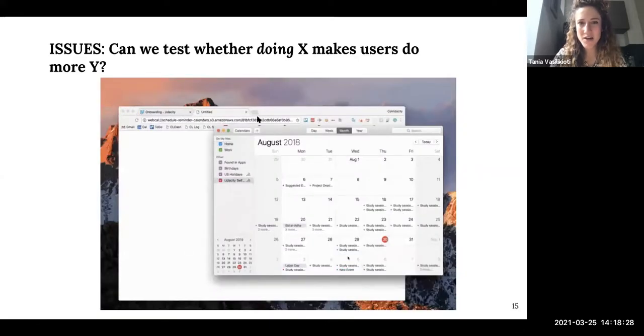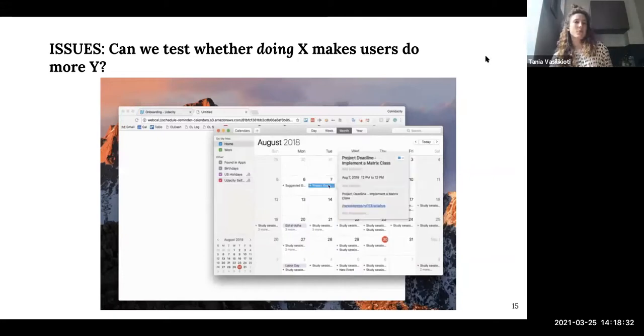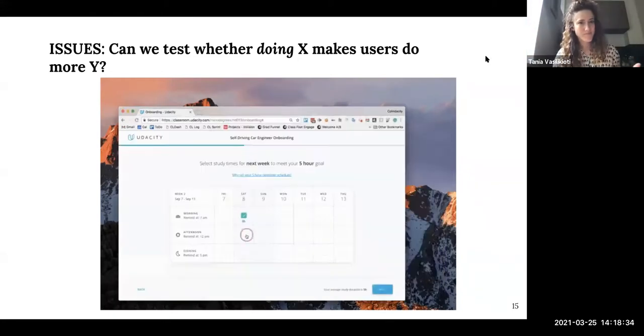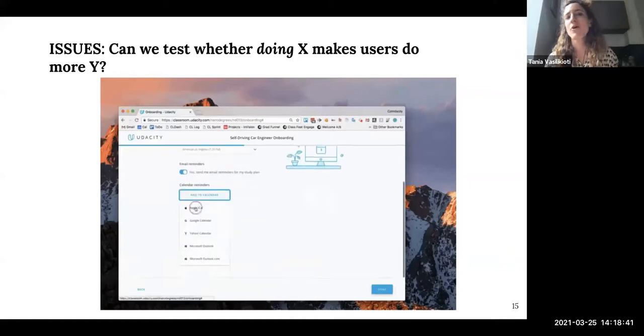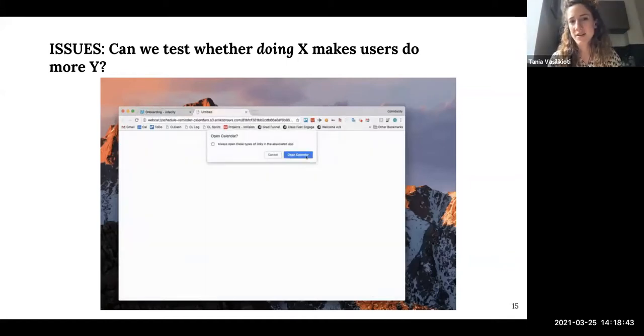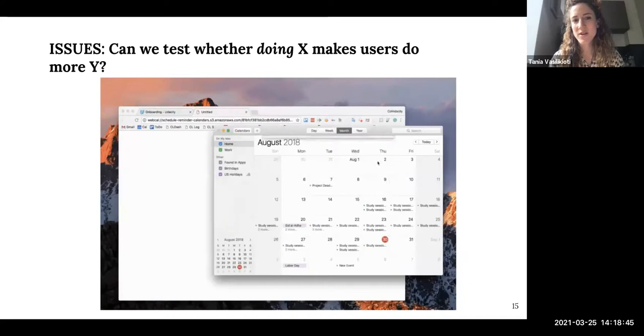So one common issue or misconception is this idea of basically what kind of question can you answer with an A/B test. So can we actually test whether a user doing some action makes the user do more of something else? So this is an example of Udacity.